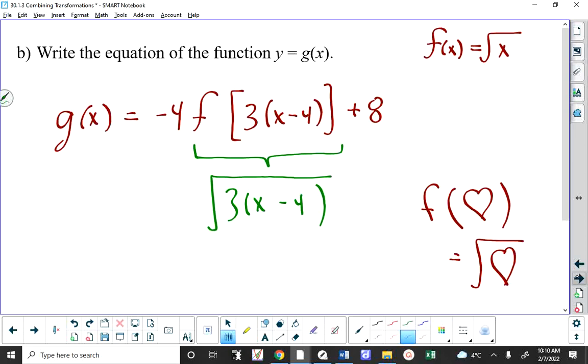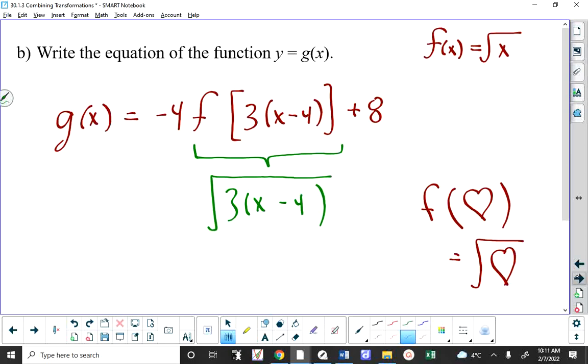So this is going to illustrate something I think that I haven't talked about before that is, I believe, important. This parameter of b and this parameter of h are being operated on or included in x before the function happens. And that's what makes them horizontal in nature of change.